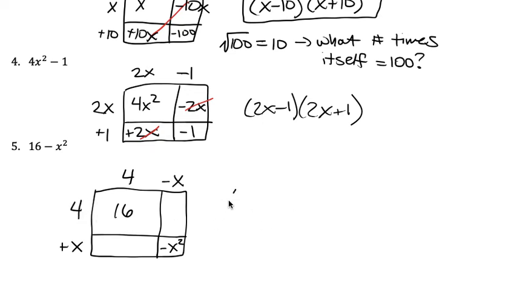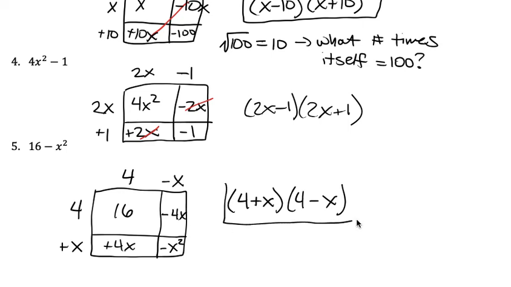So my two sets of parentheses are 4 plus x and 4 minus x. So the square root of 16 is 4. That goes in the first spot. And then for x squared, I put minus x and plus x in the second spot. My middle two terms here are going to be minus 4x and plus 4x, and those cancel out. So this is my answer.